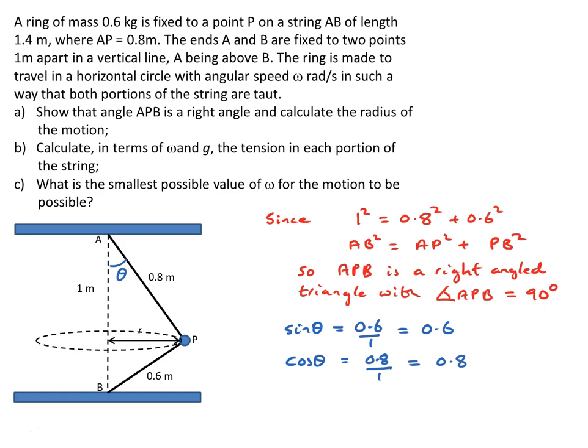The radius of the motion then is there, and if we look at the triangle formed by the centre of the circle, A and P, then we see that R must be equal to 0.8 times sine theta, which is 0.48 meters.